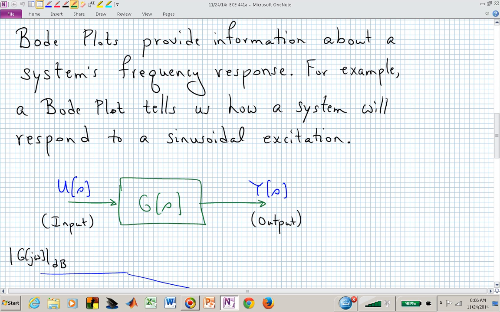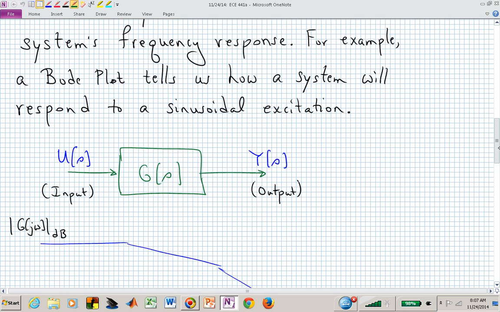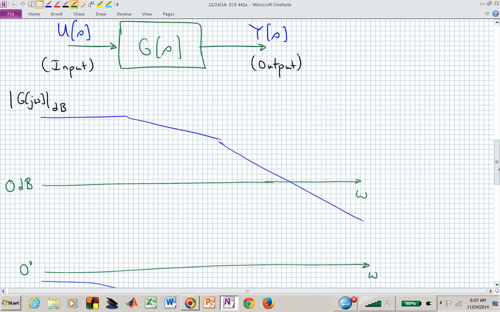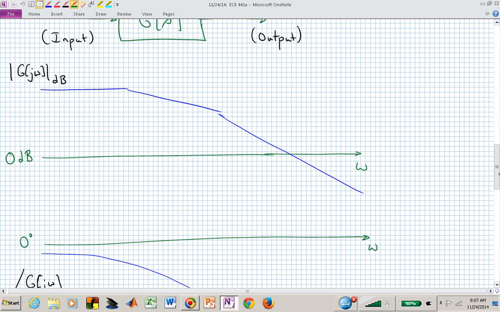And that's the concept of the Bode plot. It's really just this, oh, I maybe sketched them too big, but here is a hypothetical magnitude plot, and it's typically plotted in dB versus frequency omega.